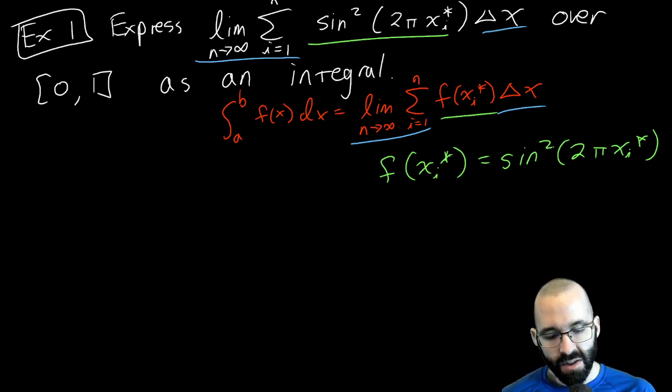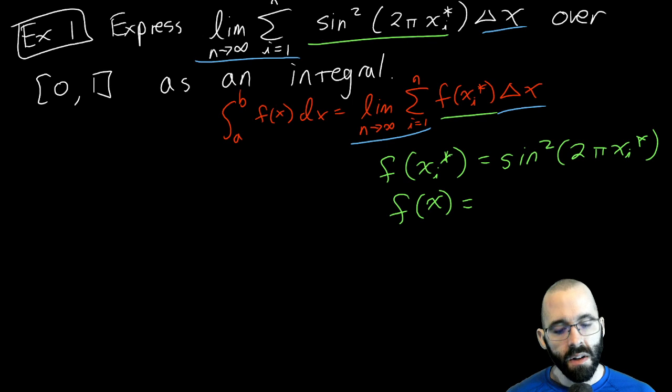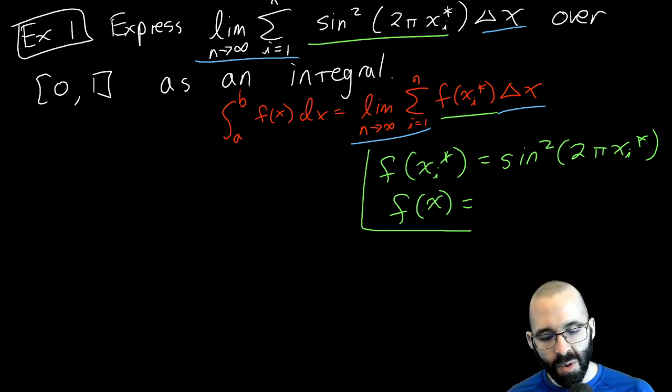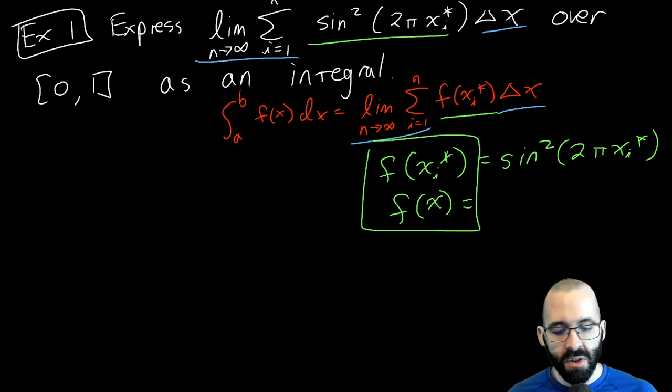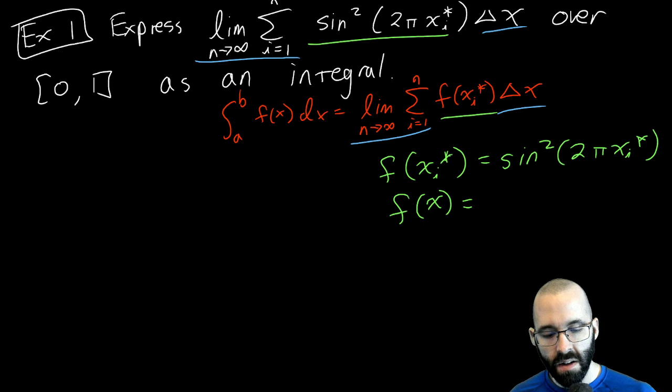All right? So if this is the case, which it has to be, well, then in that case, what is our function? Okay, we need these green things to match up. So the sine squared of blah, blah, blah has to be the function evaluated at this x sub i star. Well, the only difference between these two things is one is the general function and one's the function evaluated at a specific point.